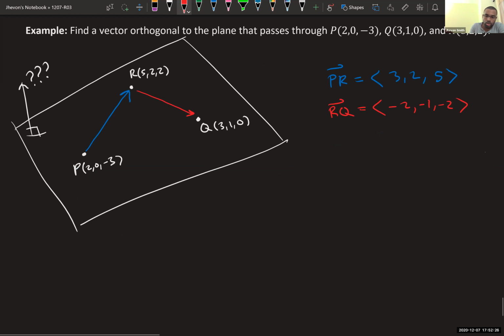Right. And so let's say here, I call this N for a normal vector. So how would we compute it now? Now you do the cross product of the two vectors.